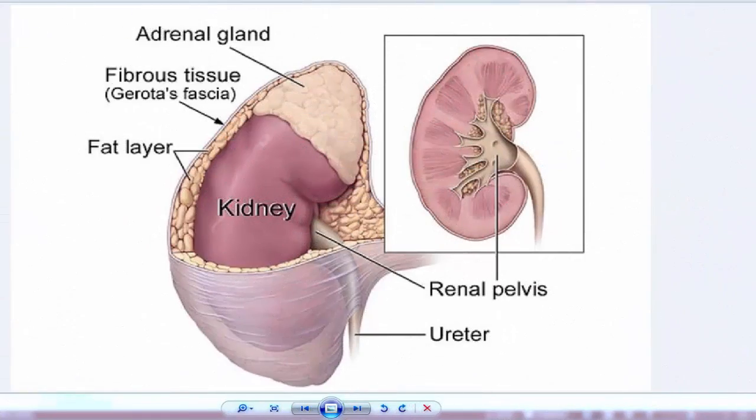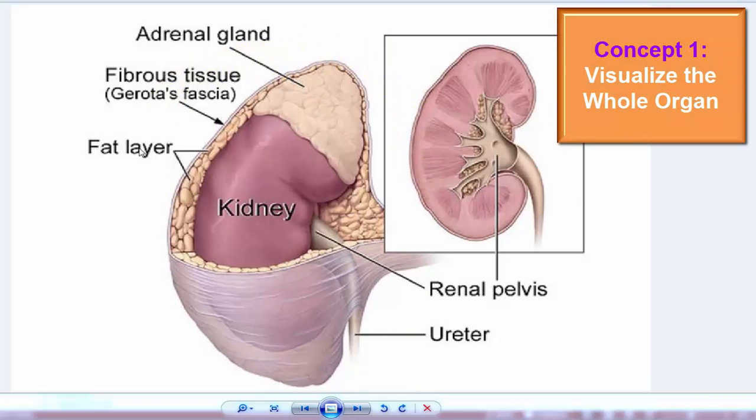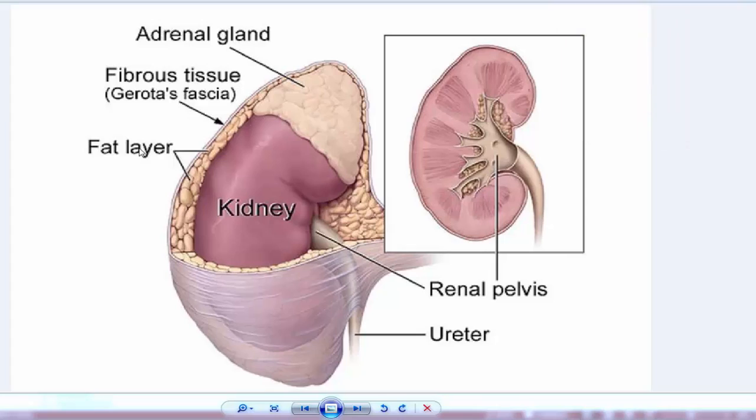Okay, before we get to the microscopic level of a kidney, let's take a look at the gross structure of a kidney. You need to be able to identify or visualize what the kidney looks like in this case at the macroscopic or large or gross level before you can begin taking a look at smaller details of the kidney.